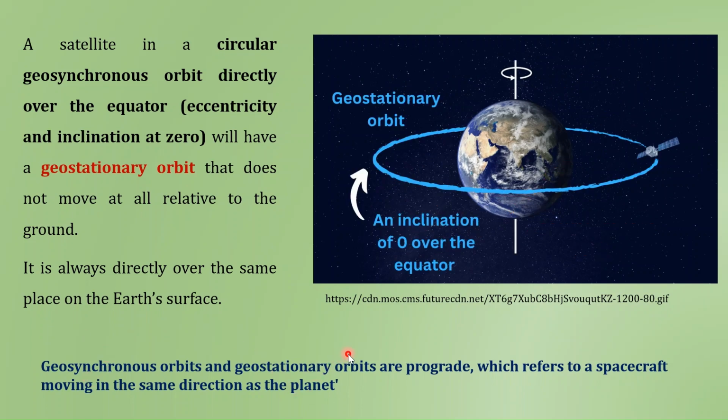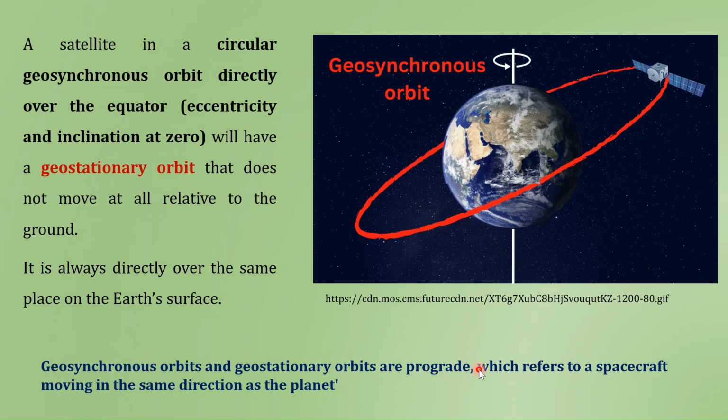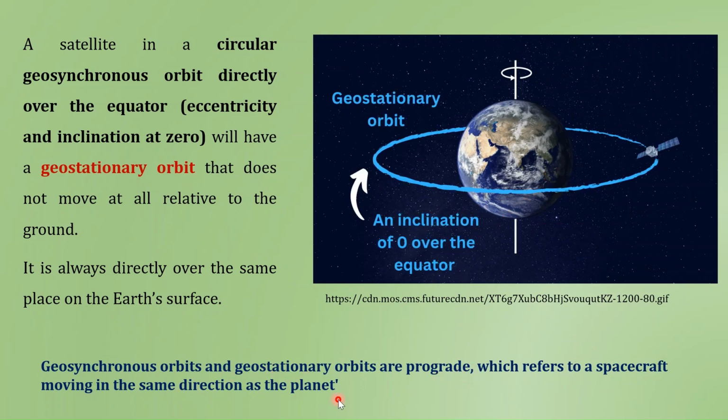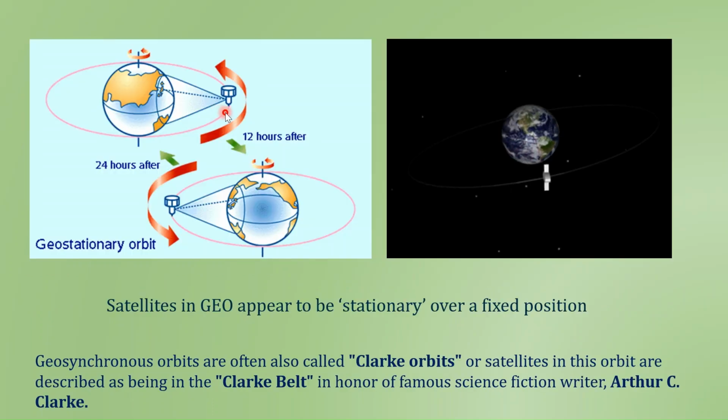Geosynchronous and geostationary orbits are prograde orbits where the spacecraft is moving in the same direction as the planet. When the satellites are placed above the equator at an altitude of 36,000 km, these orbits are referred to as the geostationary orbit because they appear to be stationary with respect to a particular position on the Earth.